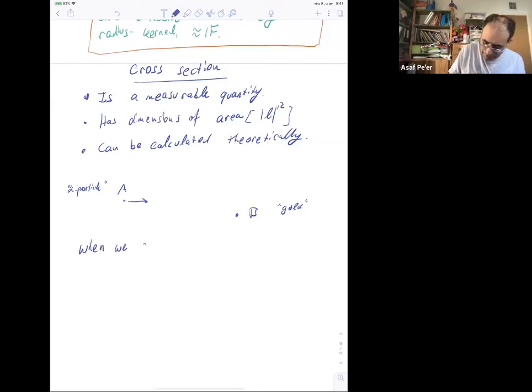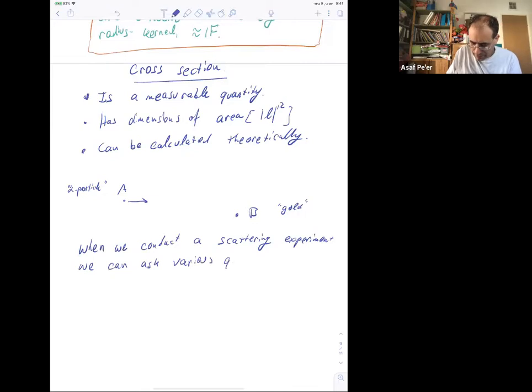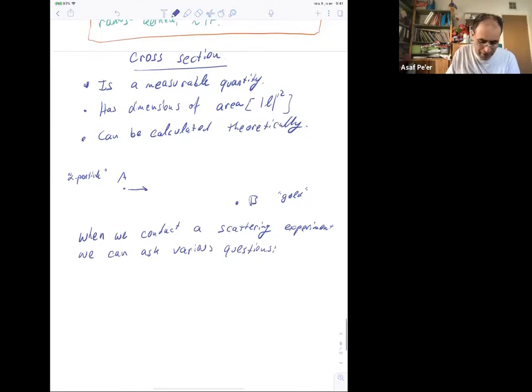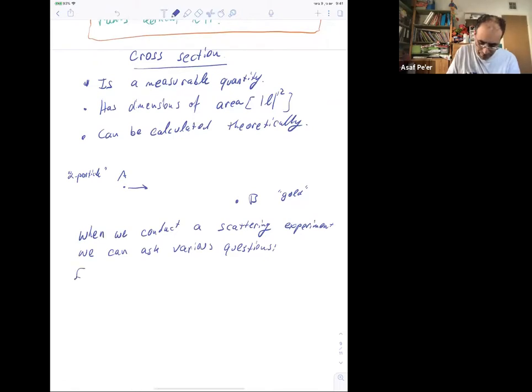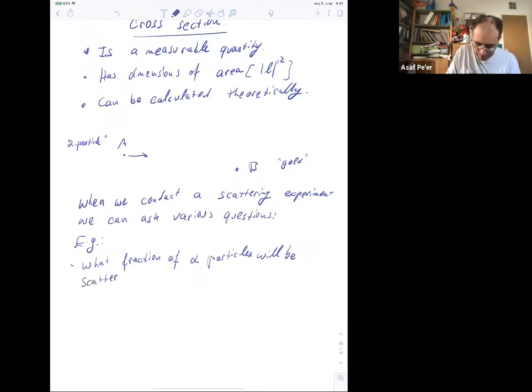So when we conduct a scattering experiment, we can ask various questions, right? Such as, what fraction of the alpha particles will be scattered to angles greater than 27 degrees?